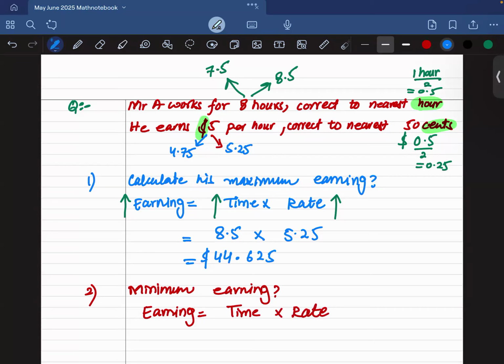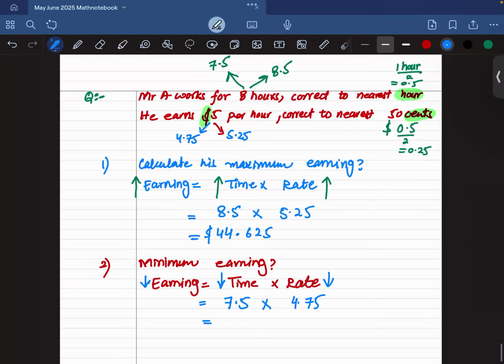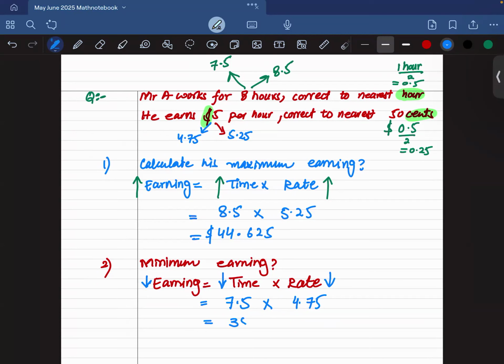Can you hear me? Minimum earning means lower bound, so the lower bound of time and the lower bound of rate. What is the lower bound of time? It is 7.5 hours, and the lower rate is 4.75. So tell me what is the answer? 35.625. $35.625.